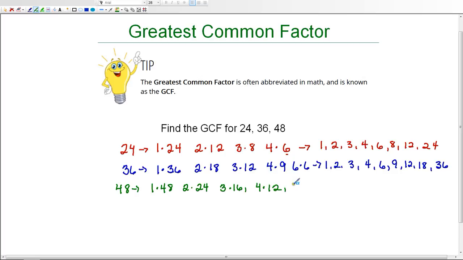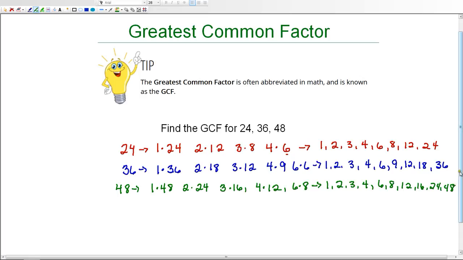And 48 is not divisible by 5, so we have 6 times 8 is 48. So our factors of 48 are 1, 2, 3, 4, 6, 8, 12, 16, 24, and 48.